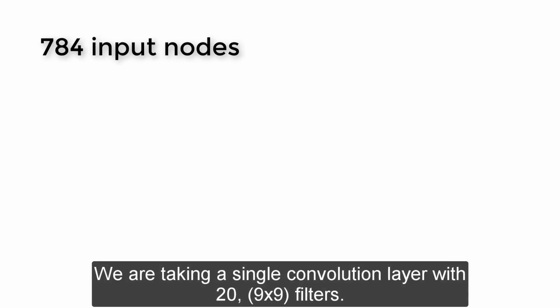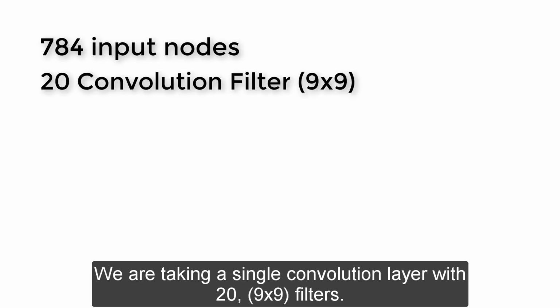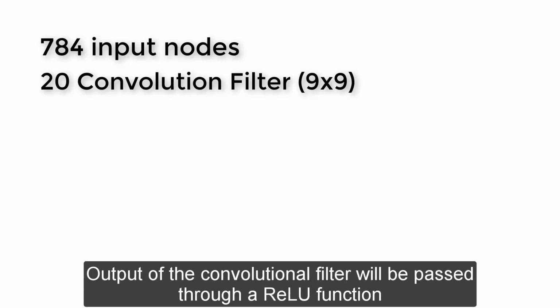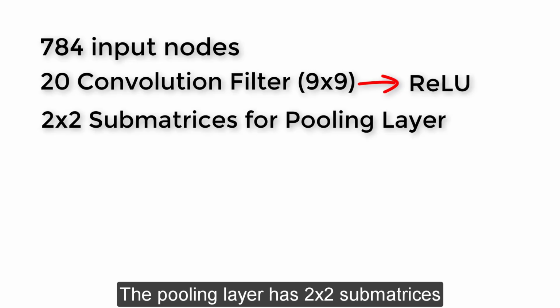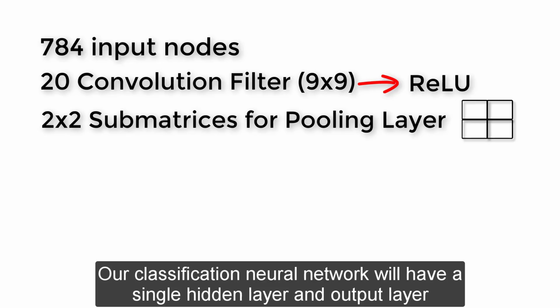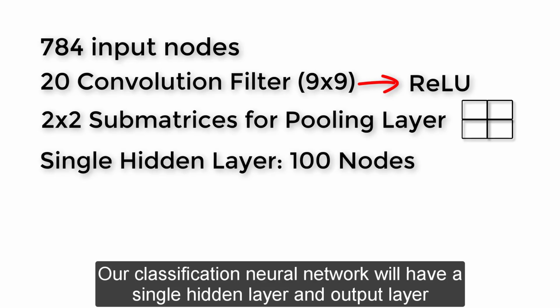We are taking a single convolution layer with 20 9 into 9 convolution filters. Output of the convolution filters will be passed through a ReLU function. The pooling layer has 2 into 2 submatrices. Our classification neural network will have a single hidden layer and output layer.